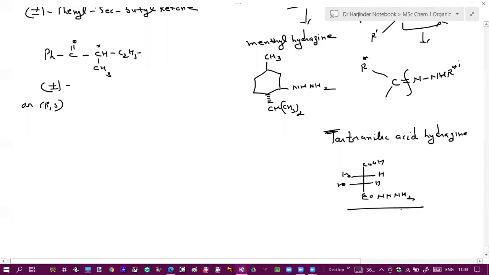And you can also use semicarbazide, for example, again, methyl semicarbazide.